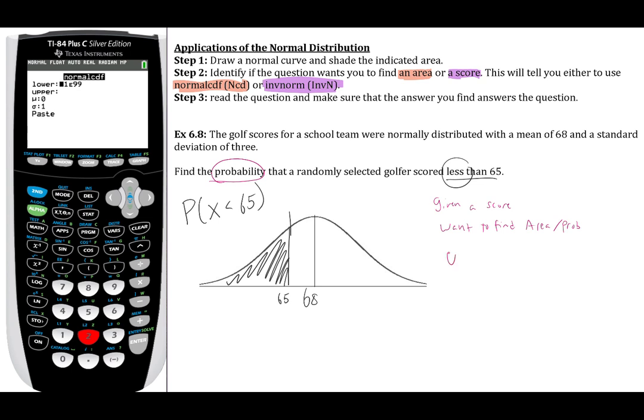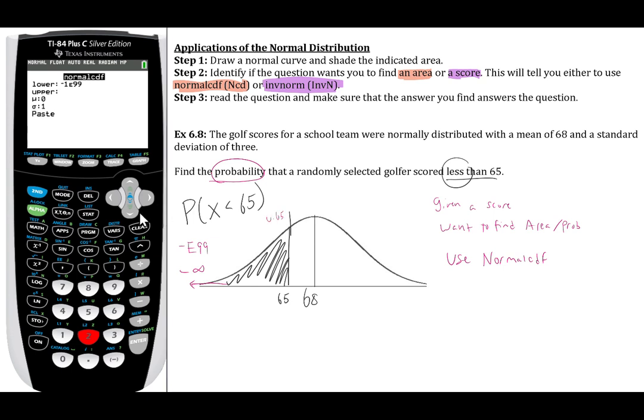So therefore we are going to use the normalcdf function in the calculator. Since we are going less than, our lower shaded region technically goes to negative infinity. So we're going to use negative E99 as our lower bound, and we're going to use 65 as our upper bound.